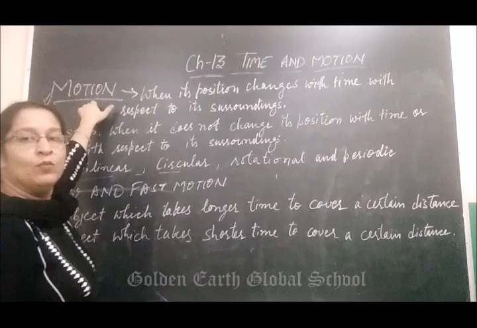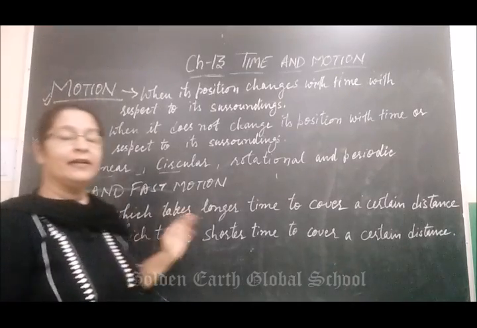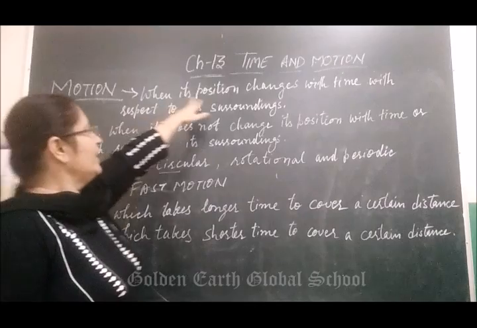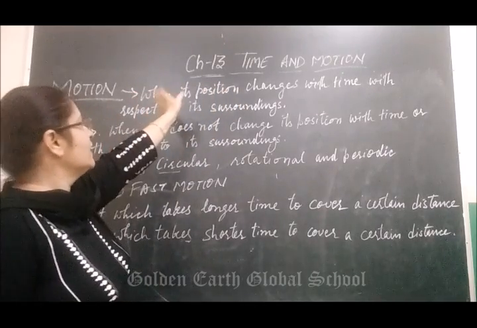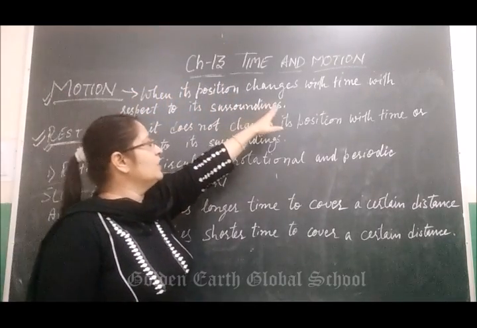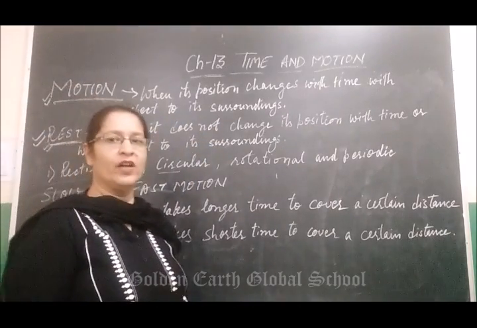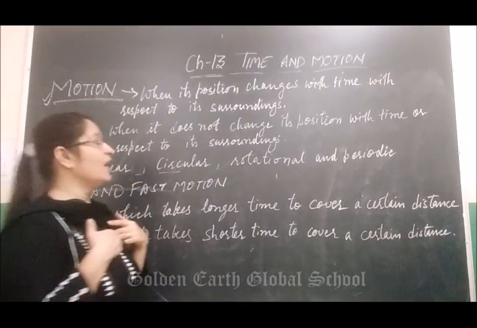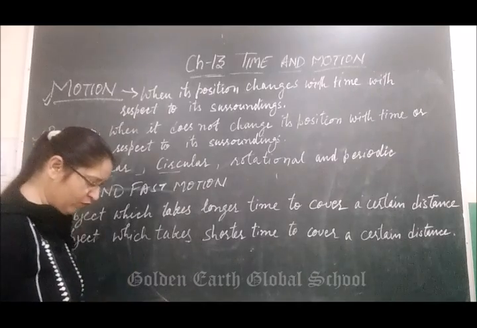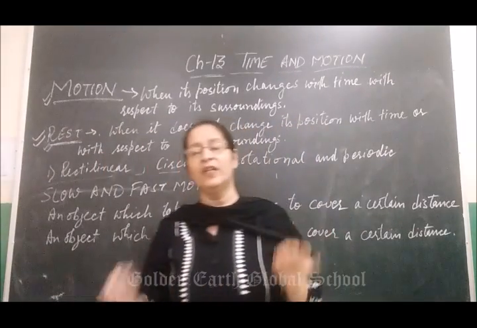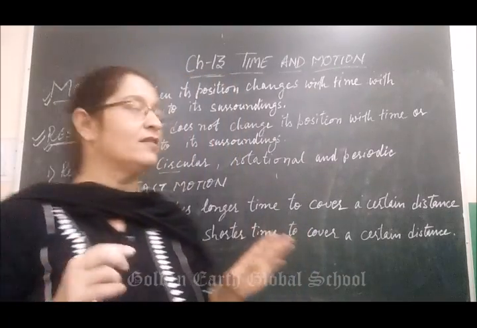And what do you mean by motion? Both of these are related to each other. Motion is when an object changes its position with time or with respect to its surroundings. For example, if I change my position, moving from here to there, I will take some time to cover some distance.